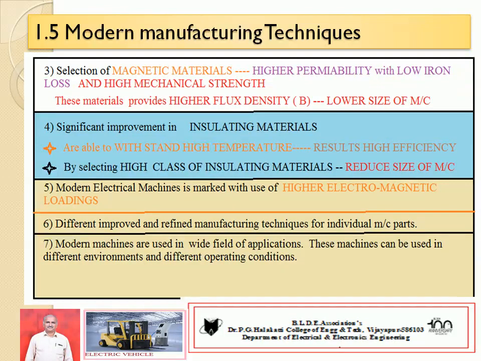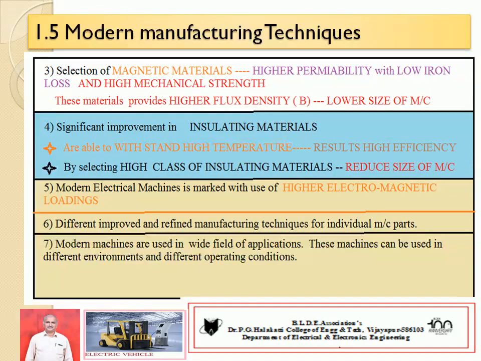Another important property: modern electrical machines are marked by higher electric loading and higher magnetic loading. Electric loading means I into Z, where I is the current flowing through the conductor and Z is the number of conductors. Magnetic loading means P phi, where P is the number of poles and phi is the flux available per pole.